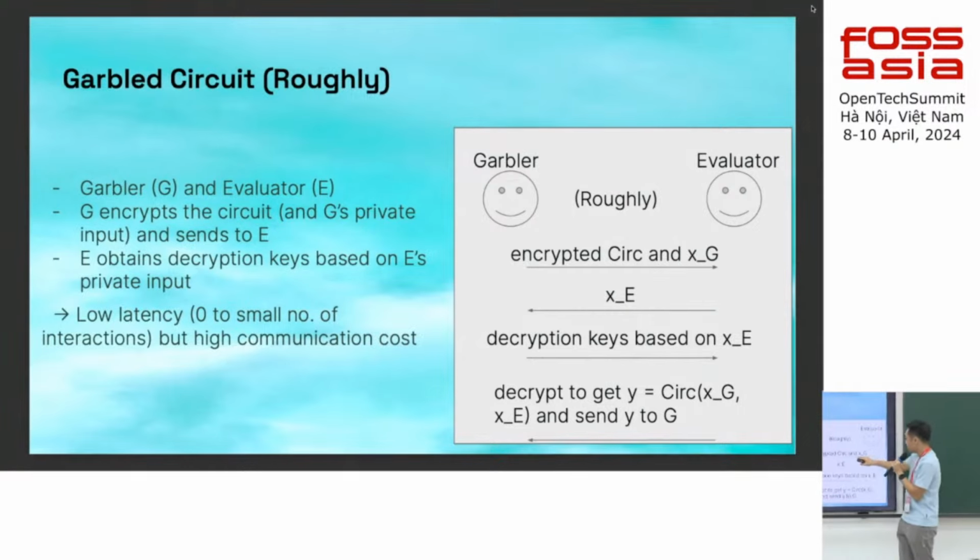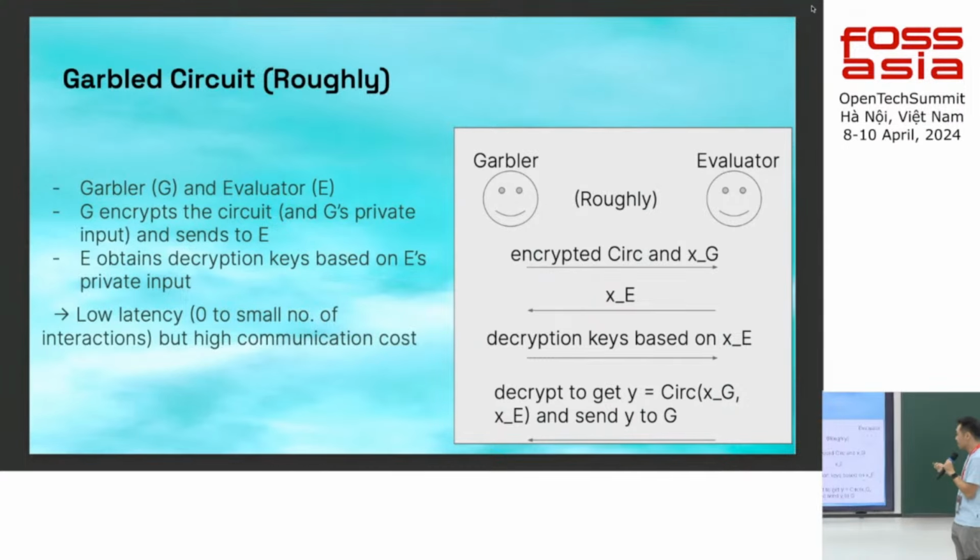Sau khi đã có đủ thông tin là XG và XE này rồi, thì bên evaluator có thể giải mã được và tính ra được y. Và y, nếu bên garbler quan tâm tới kết quả này, thì bên evaluator có thể gửi kết quả này cho bên garbler.